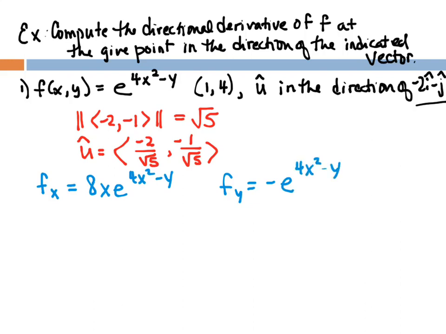Good. All right, now those are my first partials, but I don't need the first partials in that form. I need the first partials at the specific location, right? I need f sub x at the point 1, 4, and I need f sub y at the point 1, 4. So that's our next step: we have to evaluate them at the location we care about, giving the individual slopes at that specific point.